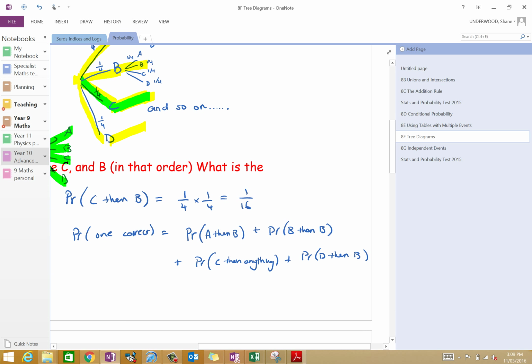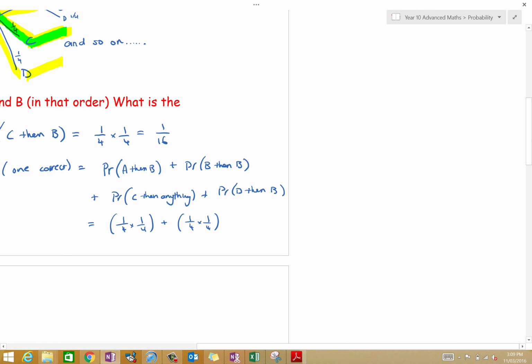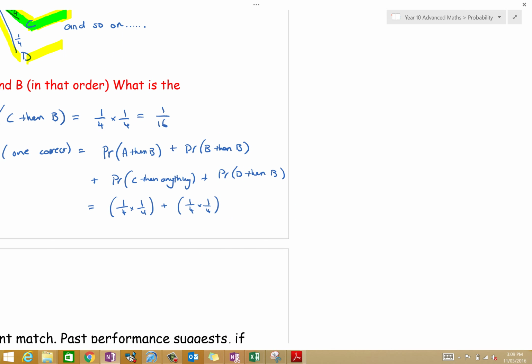Okay, so let's add those all. The probability of A then B is what? 1/4 times 1/4. Probability of B then B is 1/4 times 1/4. The probability of C then anything.